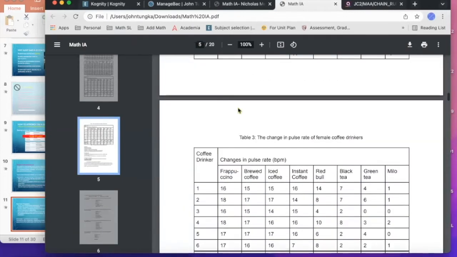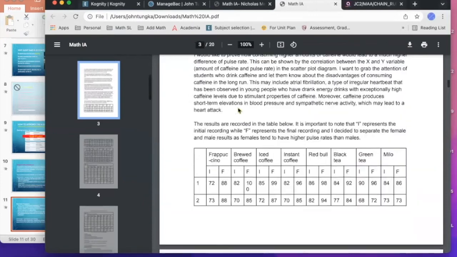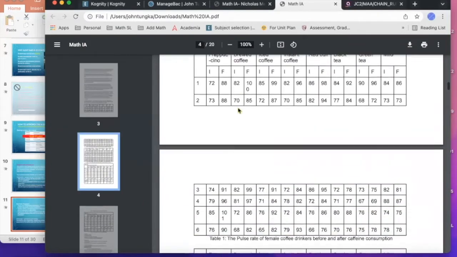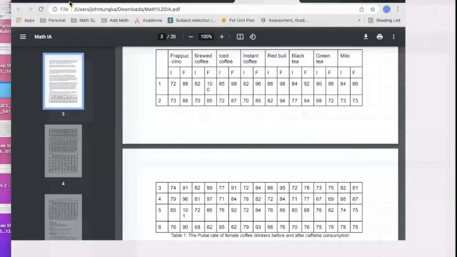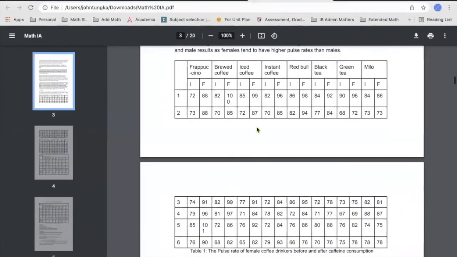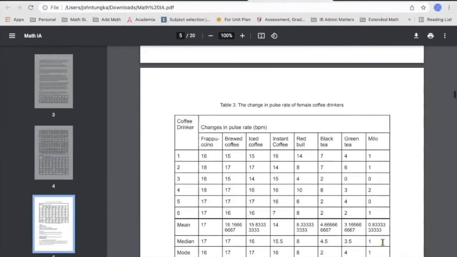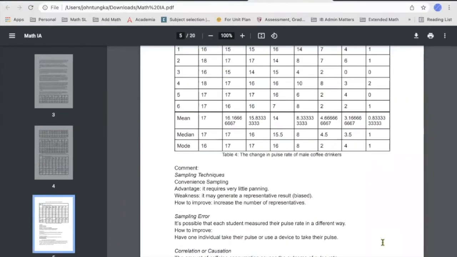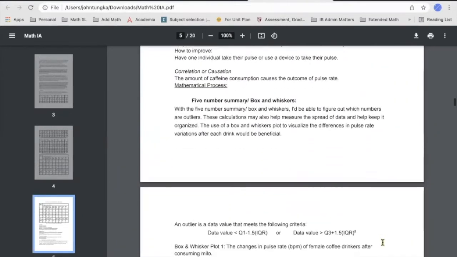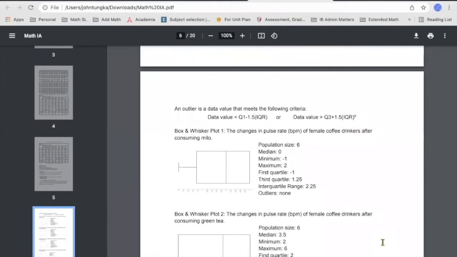So okay, let me try to digest it. If we refer to this particular table, make it bigger. For Milo, you have several data, and what you did, you find the middle value or the central tendency, and you will use that central tendency as a representative point.